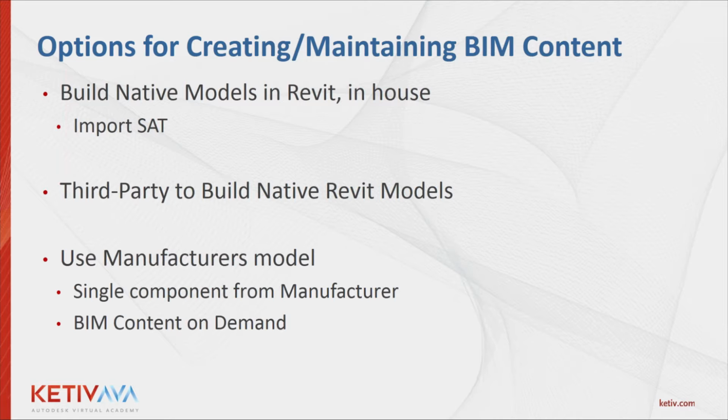In other words, if you are the manufacturer, you can create these models yourself and have a single component that you send to an architect. Or if you want to have more of a library, a catalog, if you will, for people, let's say you're a window manufacturer and you want to have all the different sizes available to them, you can actually use BIM content on demand.